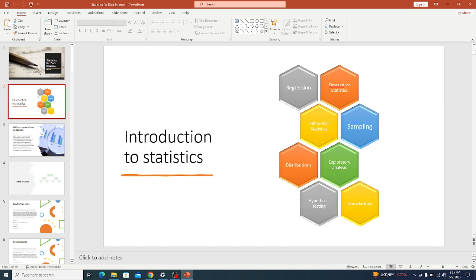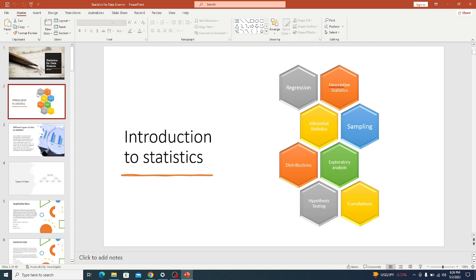I know most of you know what descriptive statistics means from the term descriptive. We can say it is more of describing. Under descriptive statistics, we will know that it majorly describes characteristics about a certain data set.